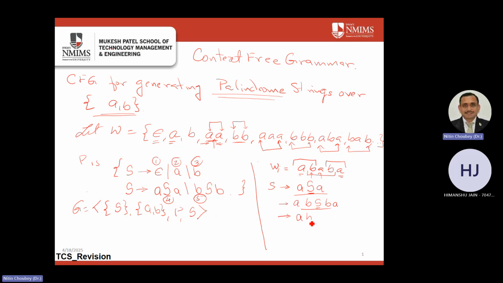So A, B, A, B, A. In this way, we can generate the required string with the help of the grammar we have created here, which satisfies the definition of a CFG for generating palindrome strings over A comma B.